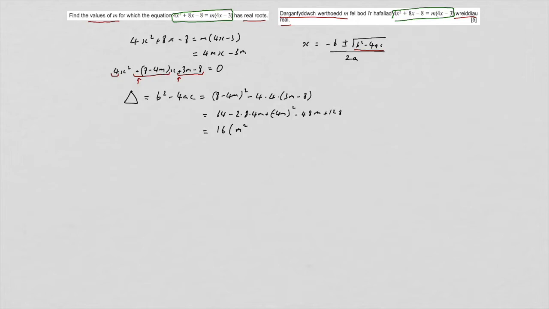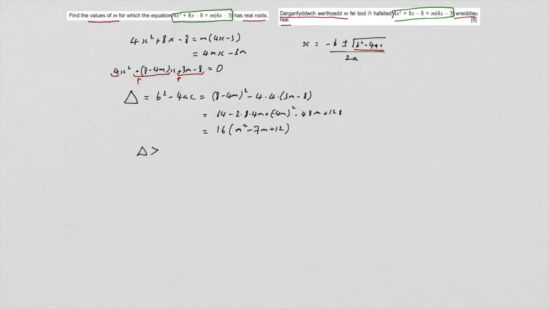And for the m term, we have 2 times 8 times 4, which divided by 16 leaves us with 4, so that's take away 4, and the 48 divided by 16 is 3, so that's minus 7m. And then for the constant, 4 16s in 64, and there are 8 in 128, so that gives us 12.